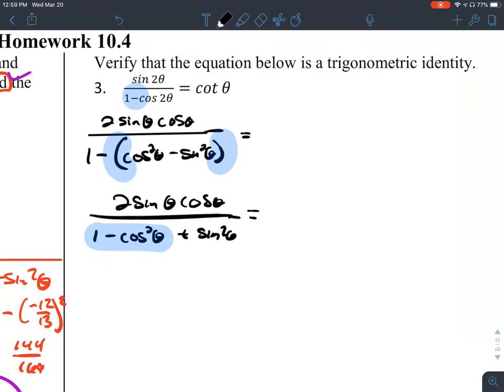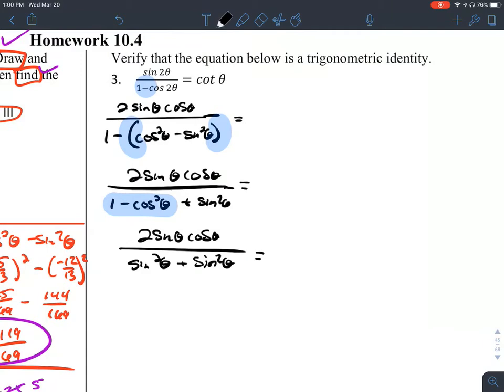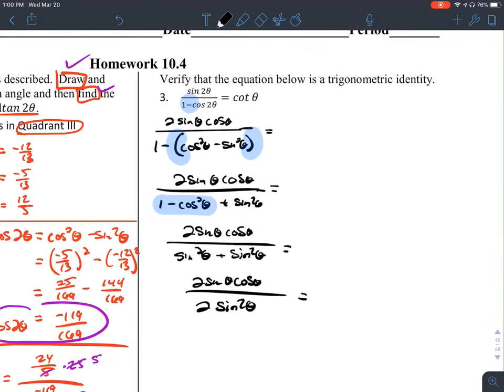You probably recognize what this is. That's sine squared of theta. So I could make this 2 sine of theta cosine of theta over sine squared of theta plus sine squared of theta. And if I combine those on the bottom, I'm going to get 2 sine of theta cosine of theta over 2 sine squared of theta.